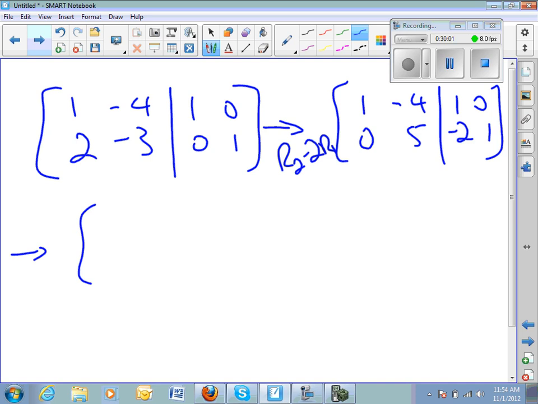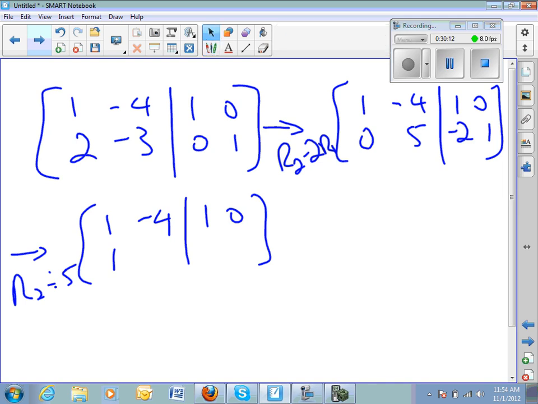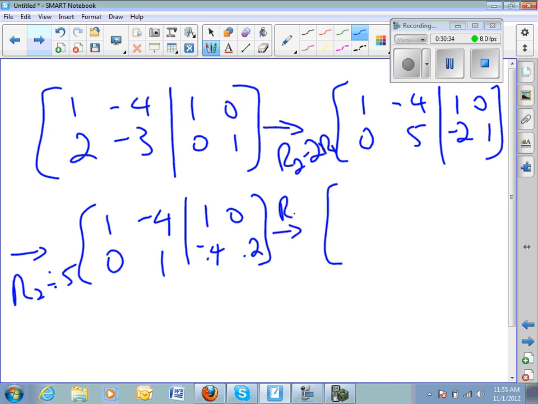So then you're going to say row 2 divided by 5. Okay. Next. Row 1 plus 4 row 2.